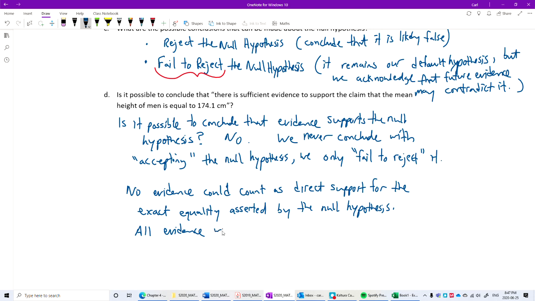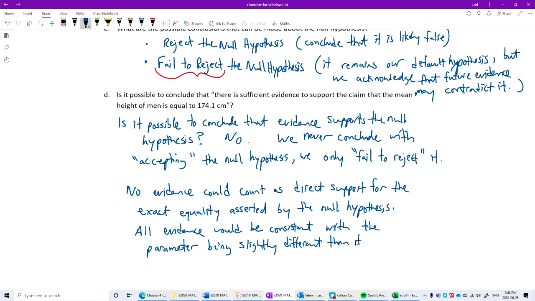All evidence would be consistent with the parameter being slightly different than the value asserted by the null hypothesis.